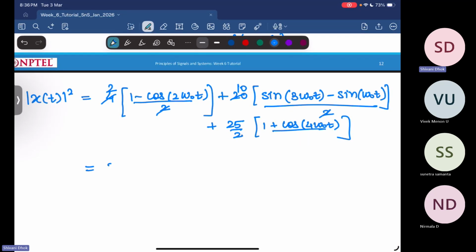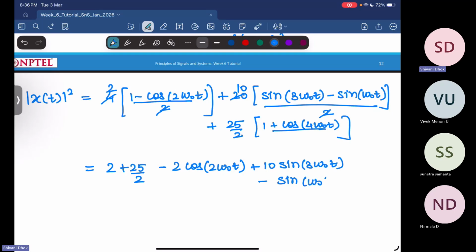So what we have is 2 plus 25 by 2 minus 2 cos 2 omega naught t plus 10 sine 3 omega naught t minus 10 sine of omega naught t plus 25 by 2 cos of 4 omega naught t.